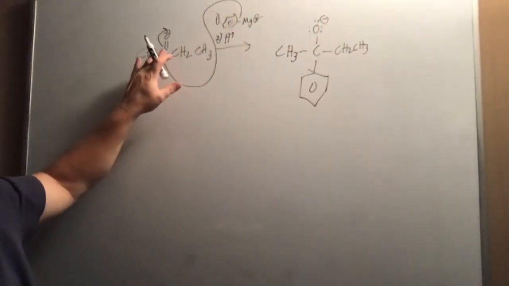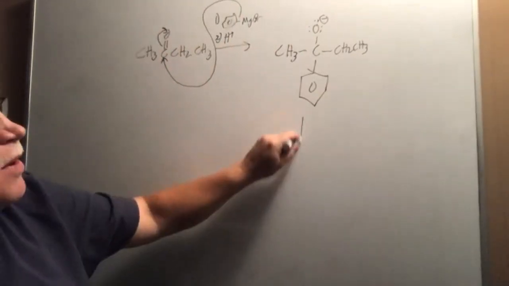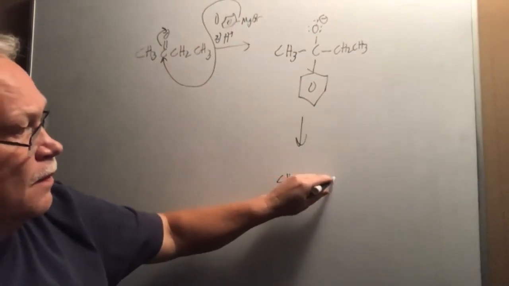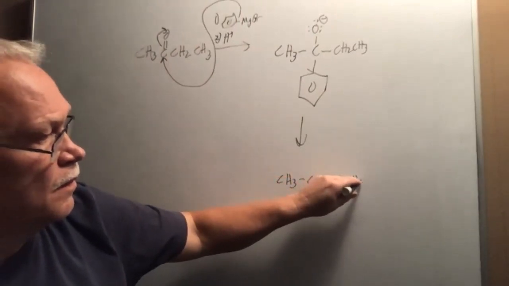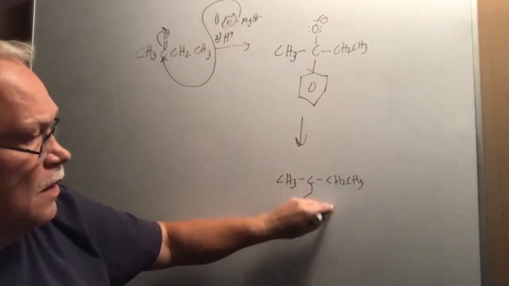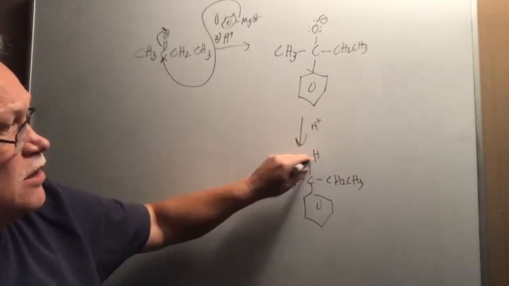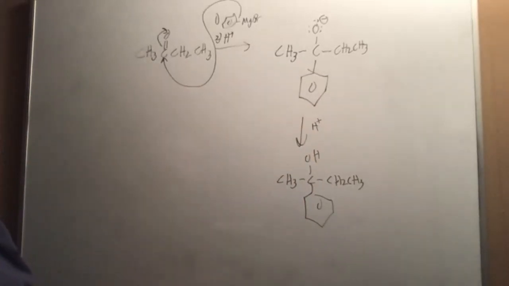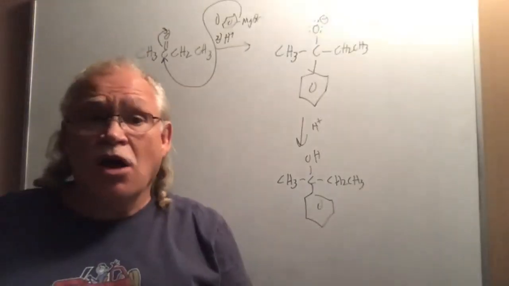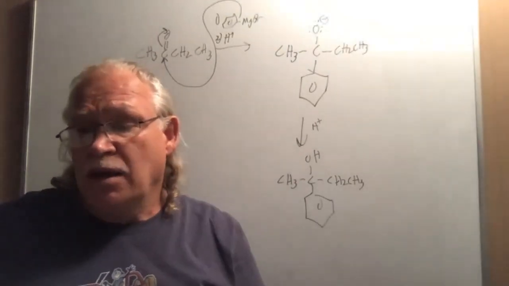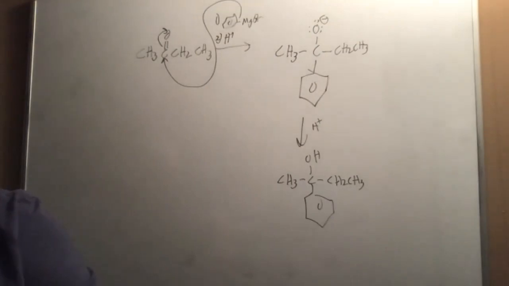That backside is attacked, kick the pair of electrons up, and notice what I get out of this. In the next step, all the acidification does is protonate the alcohol. So again, it's not always going to be an alcohol, but in this case it was. Why? Because I used a Grignard reagent.